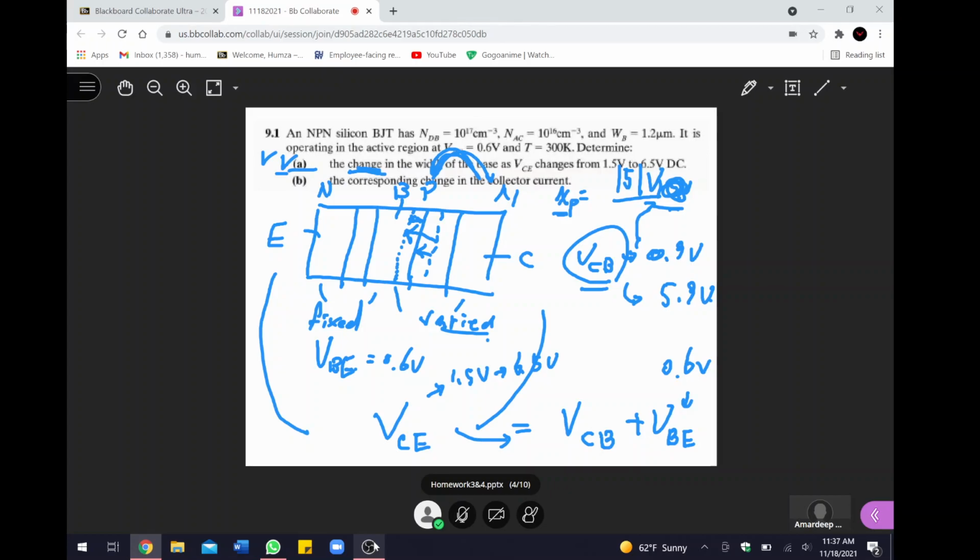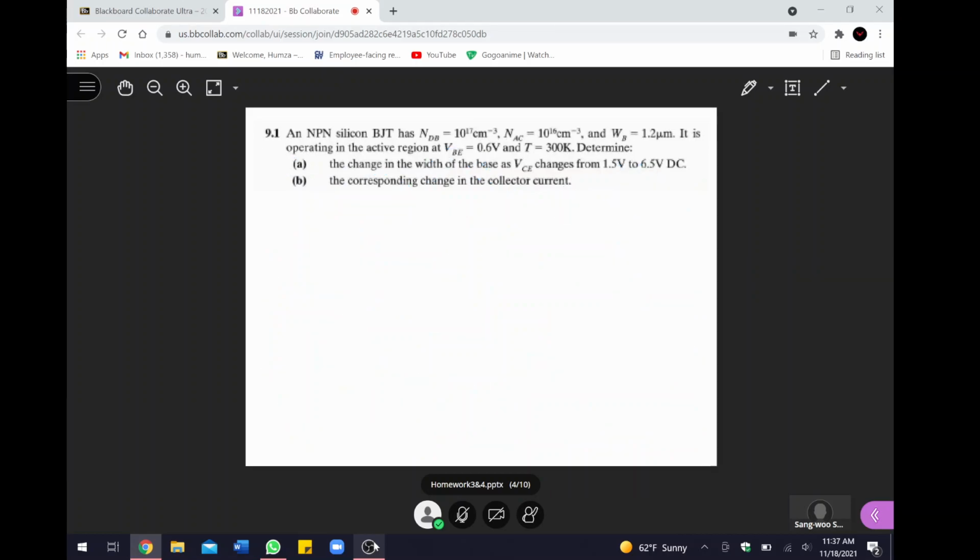Professor, do you remember the equation you used for the width? I think it's in the book. I don't remember exactly. It's a long equation, but if I remember, it's something like this. Let me write it down.